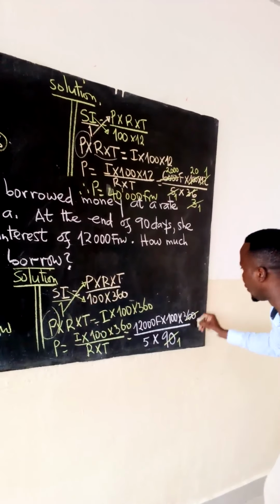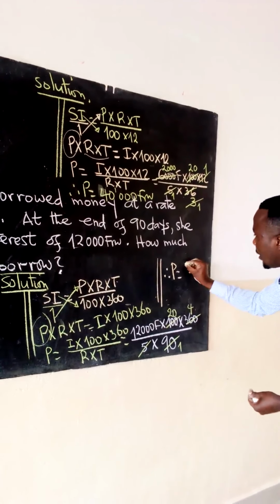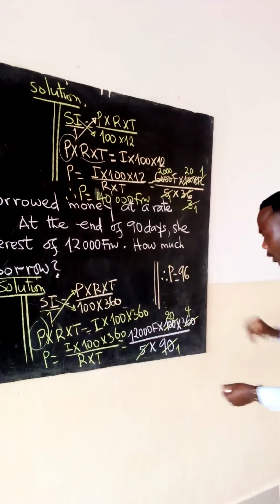Simplify 20. 4 times this, it is 96. How many O's? We have 1 O, 2 O's, 3 O's, 4 O's. It is 960,000. The unit is francs.